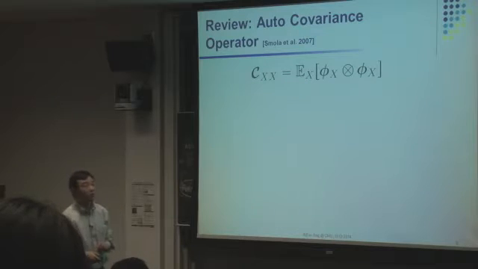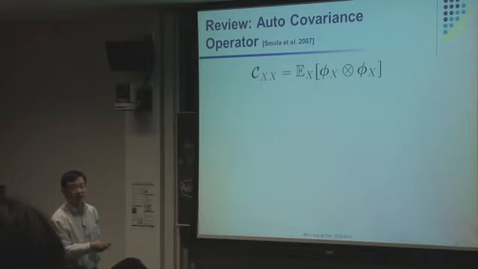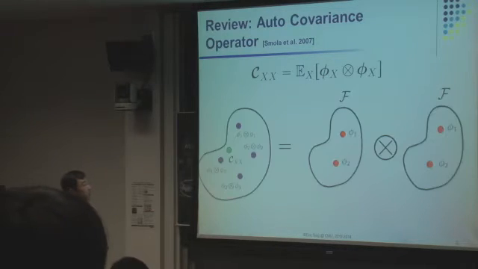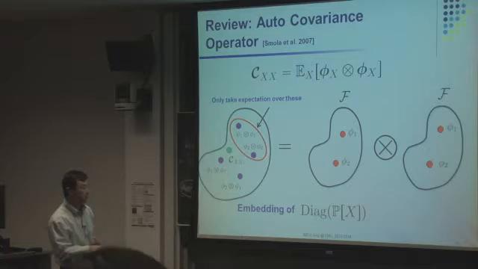And then the third operator we learned is the autocovariance operator, which is the outer product between the feature map itself, right? And what's this used for? This is roughly a proxy to a diagonalized marginal distribution of a single random variable.